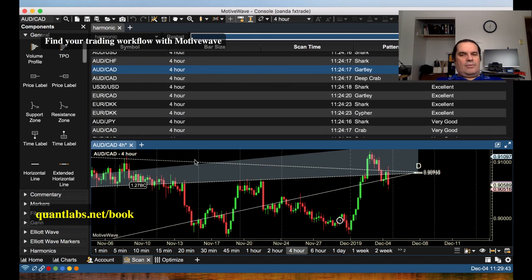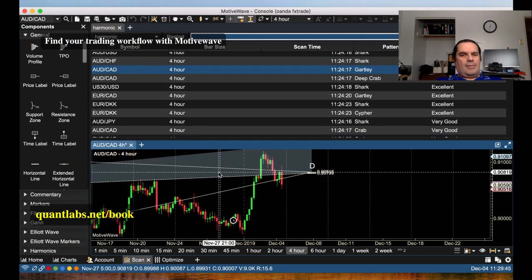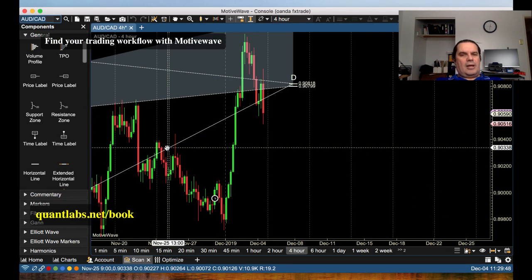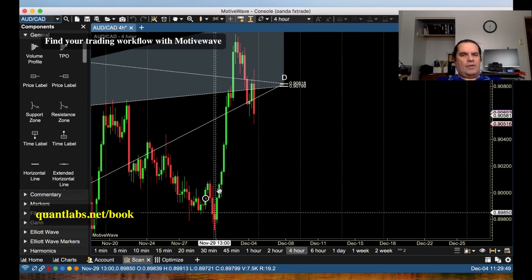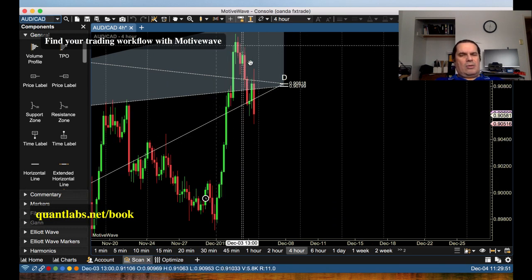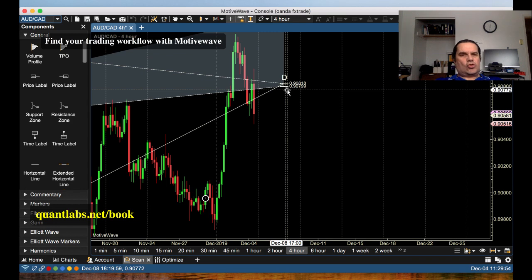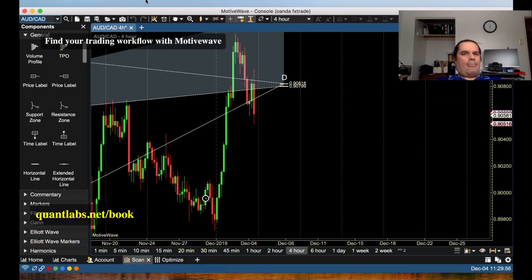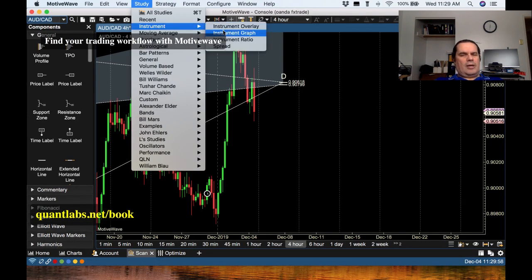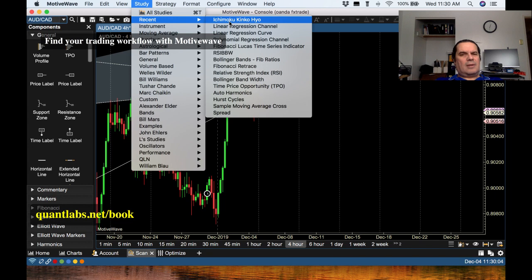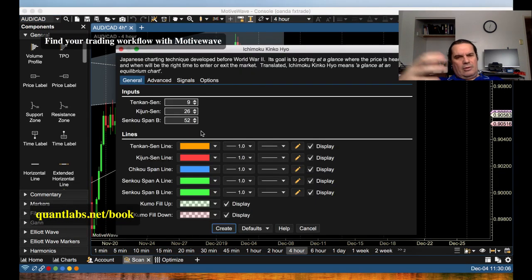But let's check out the good old Australia Canada. You can see this massive move here. It's come down. Is this a strong move? Only the good old Ichimoku can tell you that. And once again, remember, I can always apply templates to not have to go through reloading this.